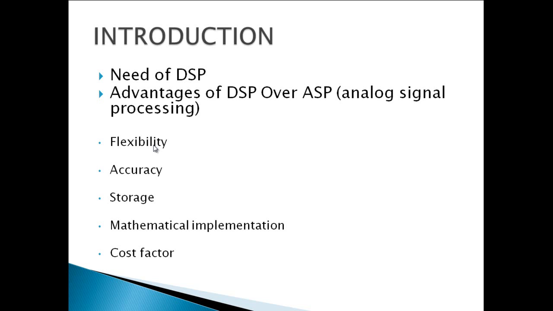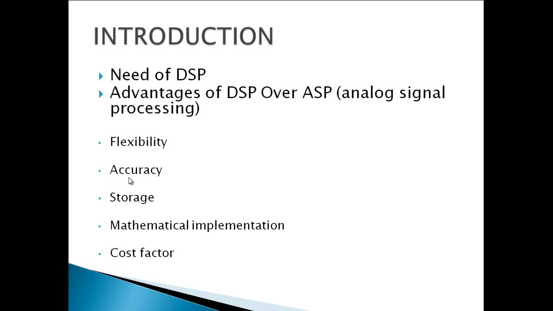Fine. Next you have the accuracy. The accuracy of digital processing systems is much higher than analog systems. The analog systems suffer from component tolerances. Hence, it's difficult to attain high accuracy in analog systems.